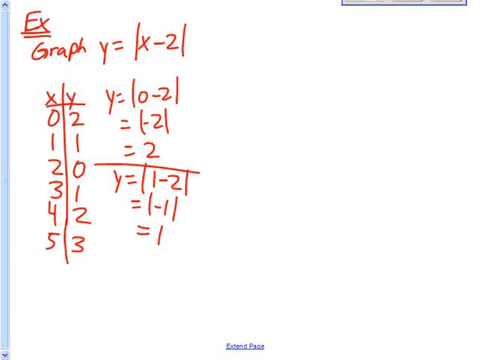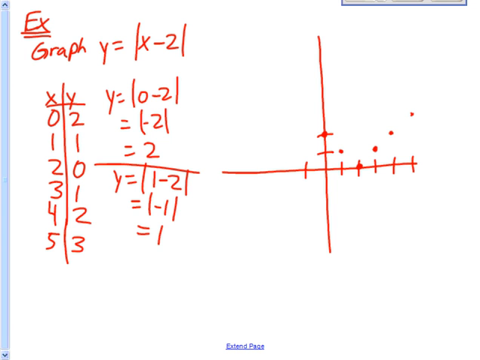Let's see if this is enough to kind of see the V here. 0, 2, 1, comma 1, 2, comma 0, 3, comma 1, 4, comma 2, 5, comma 3. We could go negative 1. Negative 1 minus 2 is a negative 3, but the absolute value of negative 3 is 3.